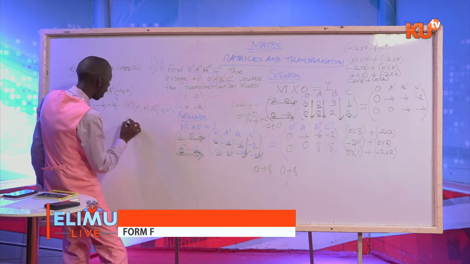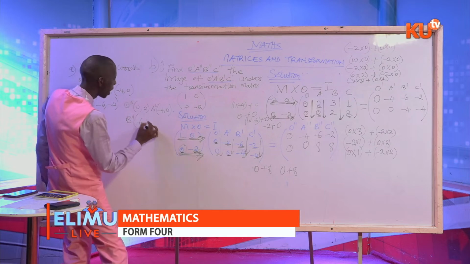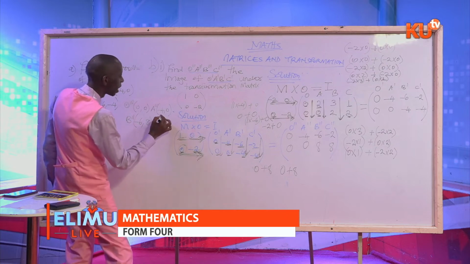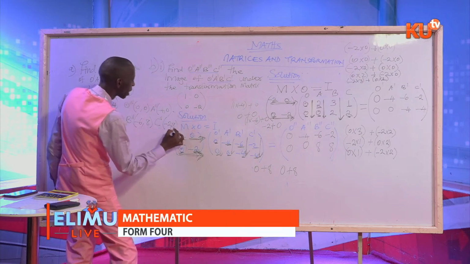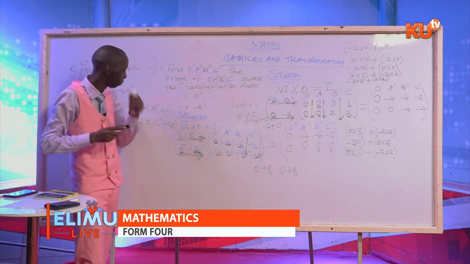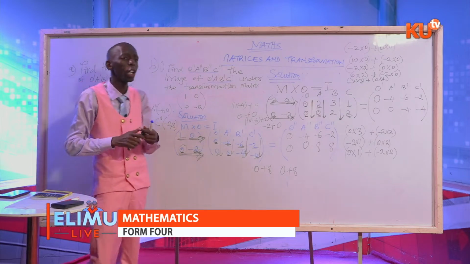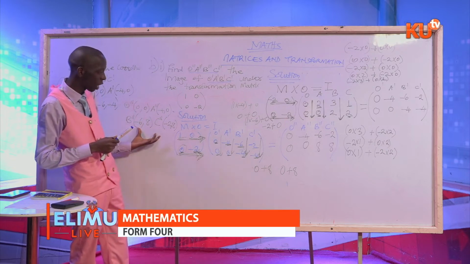B double prime is negative 6, 8. And C double prime is negative 2, 8. That is how we get the coordinates of the second image.